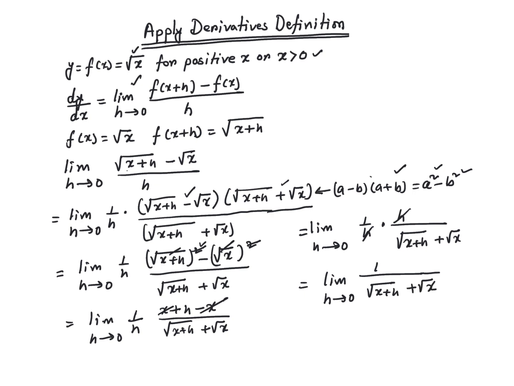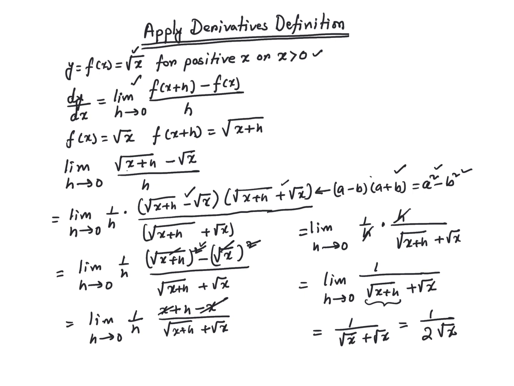Now let's look at the denominator and evaluate the limit. As h goes to 0, this term becomes just square root of x. So the limit evaluates to 1 over square root of x plus square root of x, which by the way is 1 over 2 times square root of x.